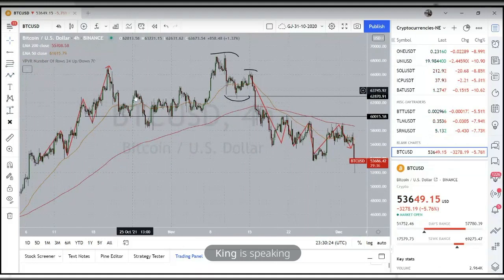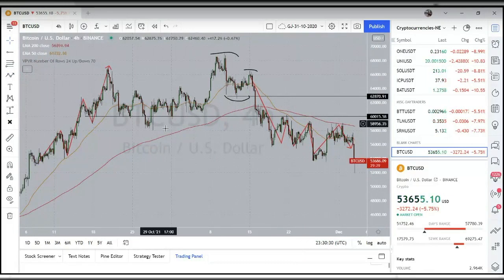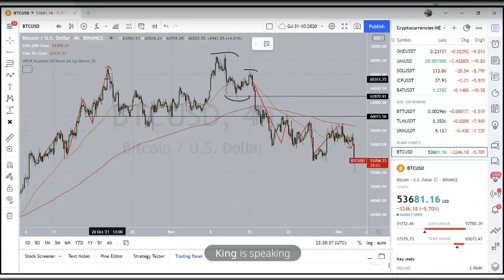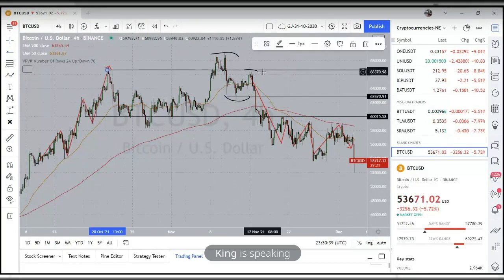And then you can be assisted with the EMAs if you use higher time frame EMAs, the 50 and the 200. You can see the break below the 50 and the break below the 200 EMA. Once the 200 EMA is broken, you can be fairly sure that there is a possibility of a significant move lower as well.